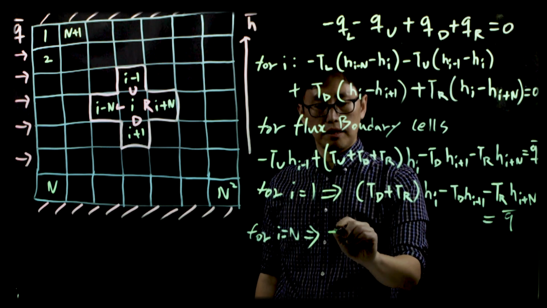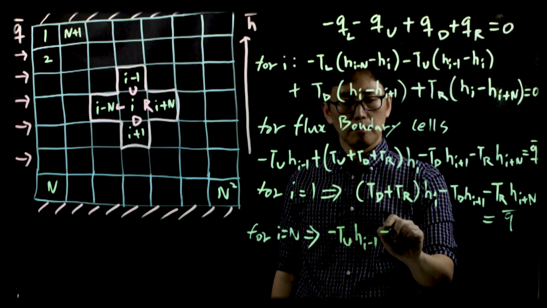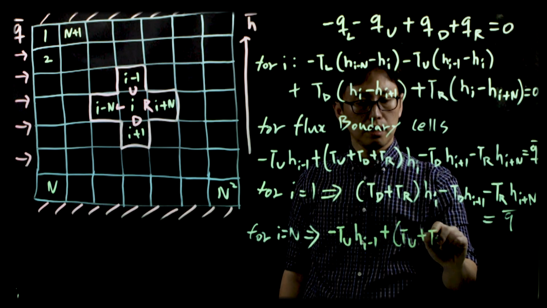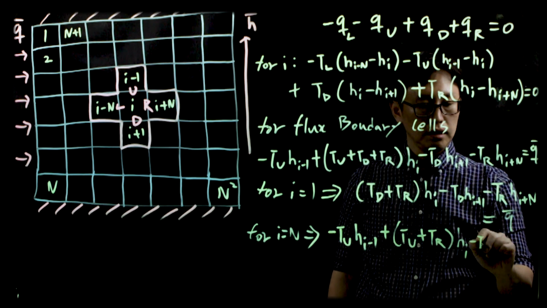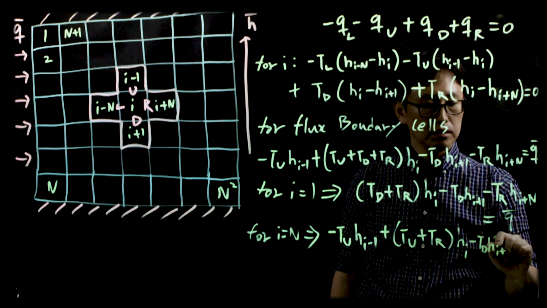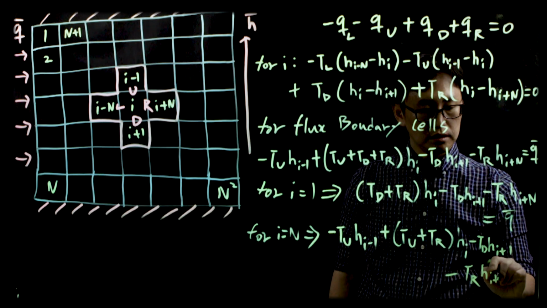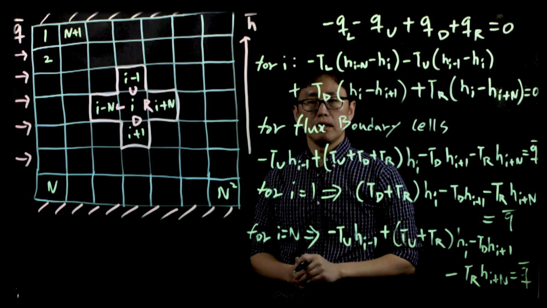So we will have minus TU H(i-1) plus TU plus TL Hi, minus TD H(i+1), minus TL H(i+n) is equal to Q bar, right?